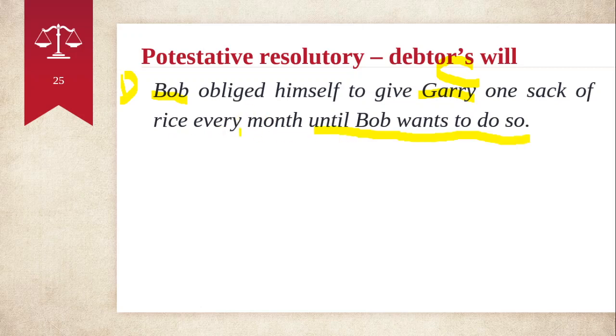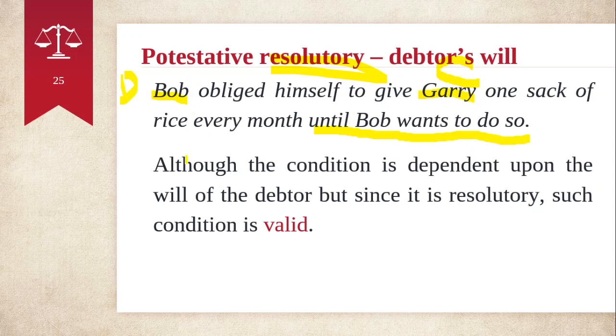Okay, so siya lang ang masusunod hanggang kailan niya gusto magbigay ng bigas. That's resolutory. Next. Although the condition is dependent upon the sole will of the debtor, di ba? Pansin nyo, sa kanya nakasalalay, debtor, but this is resolutory. This condition is valid. Okay?